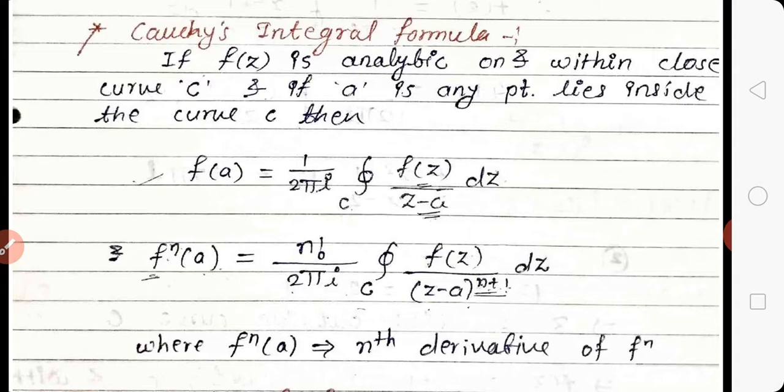That is, if we find the value of integration, we get 2 pi i into f of a.